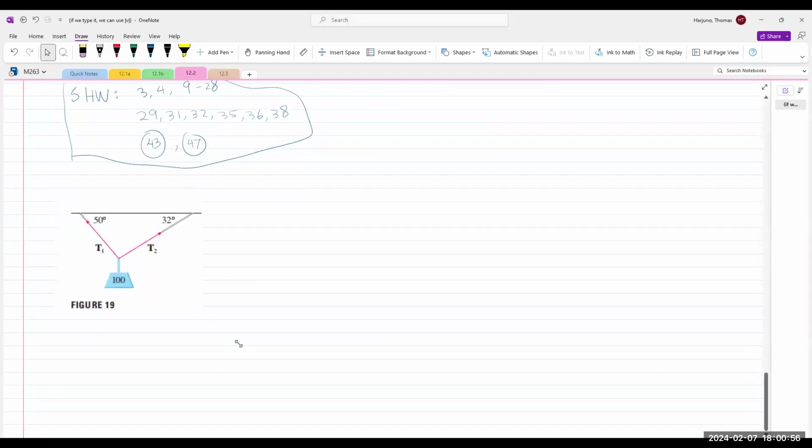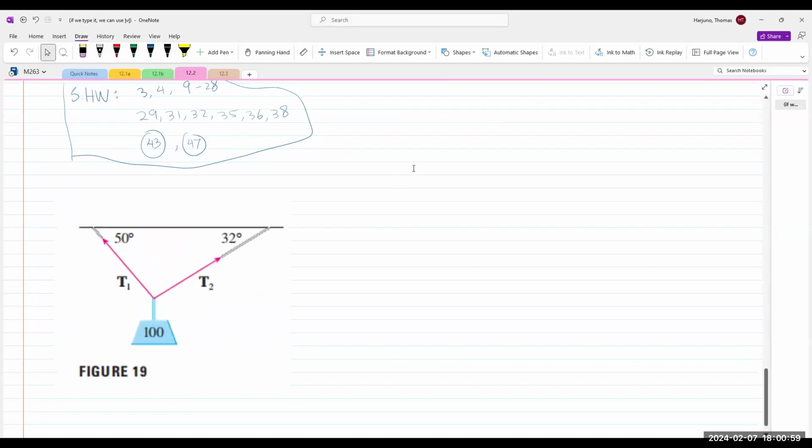One little application of vectors in physics, for example, the use of vectors in physics. This is an example from our textbook, example number 7. How do we use this? We have a mass being suspended by 2 ropes.